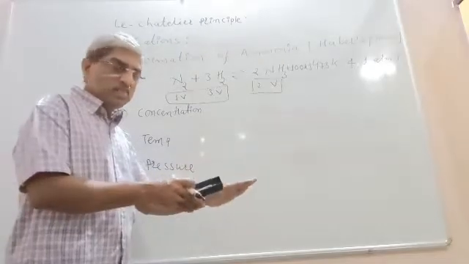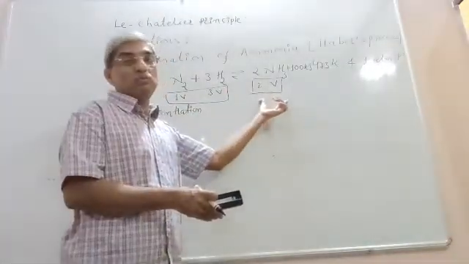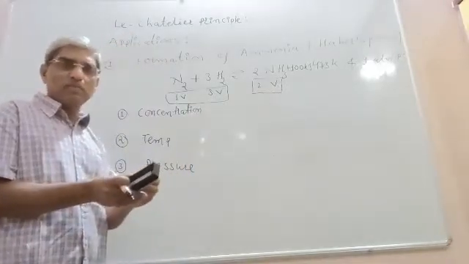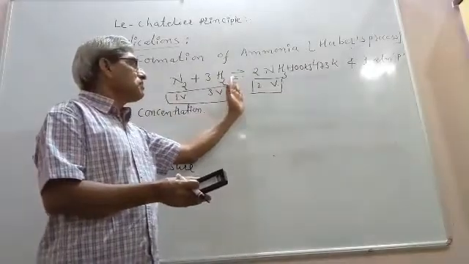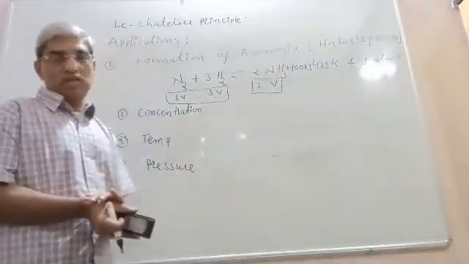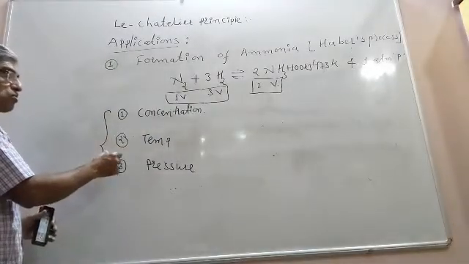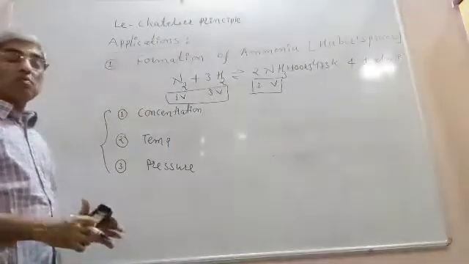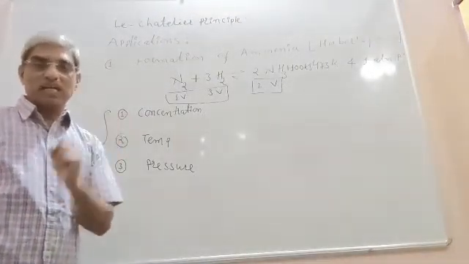How can we say a decrease in volume? Because four volumes get converted into two volumes, right? Therefore, the conclusion: if pressure increases, the equilibrium shifts towards ammonia and more ammonia is obtained. These three factors are used to form more ammonia in quick time.